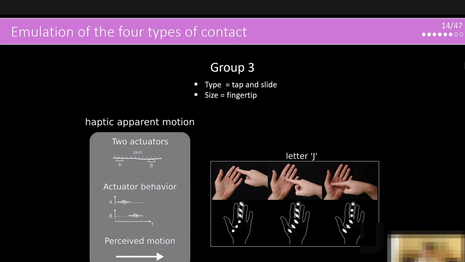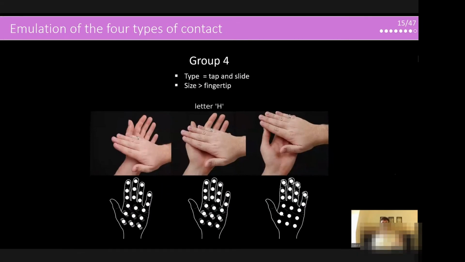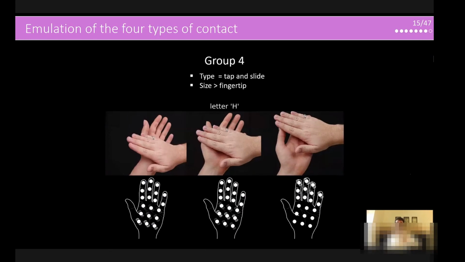If actuator A is vibrating, and over time this vibratory content moves from actuator A to actuator B, you will not perceive one actuator being activated and then the other, but you will feel like there is something moving from location A to location B. So we will use this to create our slide motion on the skin. And the first group is made of lines of actuators, with the 2-point discrimination threshold and the apparent haptic motion.